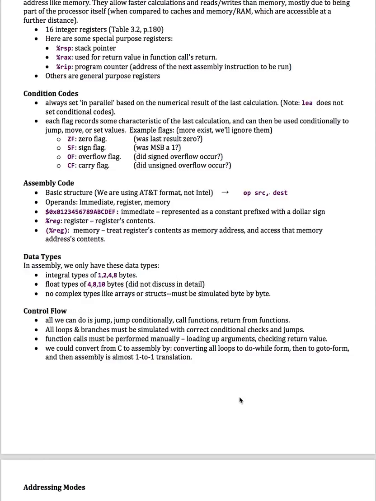Therefore, in order to express the complicated branching and looping in C language, all the C language branching and looping were translated first into goto form, where goto form is directly translatable into assembly using jump.